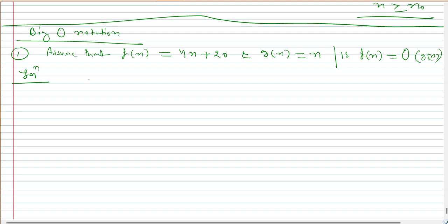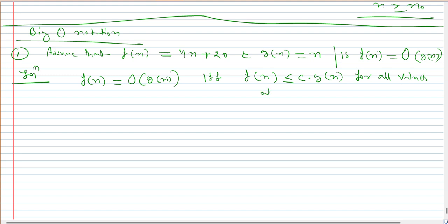So from the formal definition of big O notation, a function is said to be big O of g(n) if and only if f(n) is less than or equal to C dot g(n) for all values of n where n is greater than or equal to n naught.